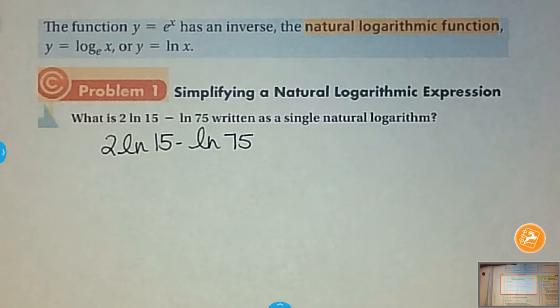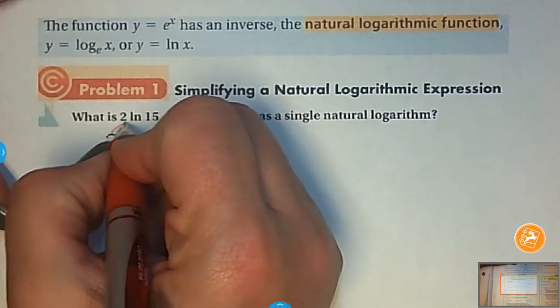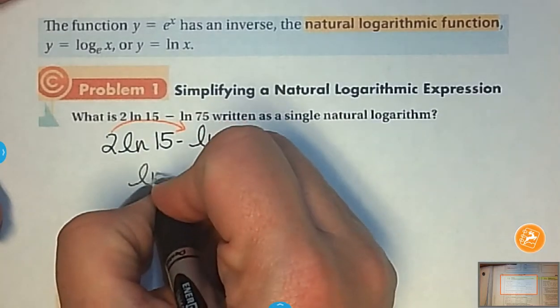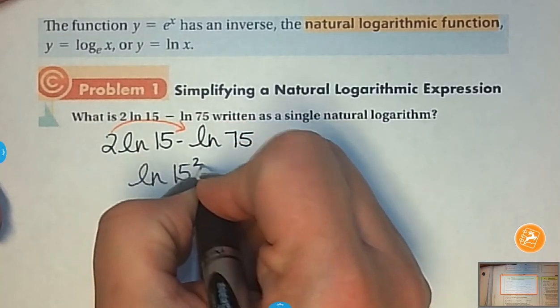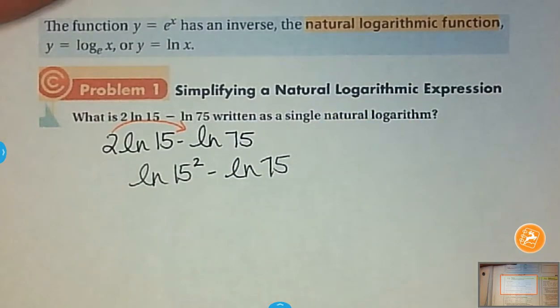What I want to do is write this as a single natural logarithm. So I want to take these 2 and put them together. We use all the same properties we did for regular logarithms. Start out, move this up as an exponent. So I have the natural log of 15 squared minus the natural log of 75. Now I can put them together. Because it's a subtraction problem, what operation do I use when I put 15 squared and 75 together?